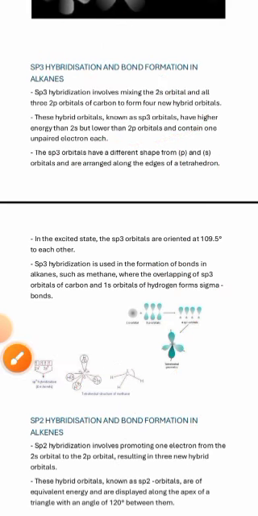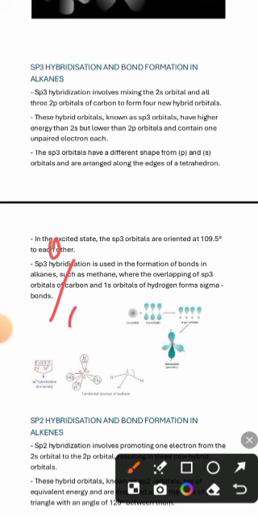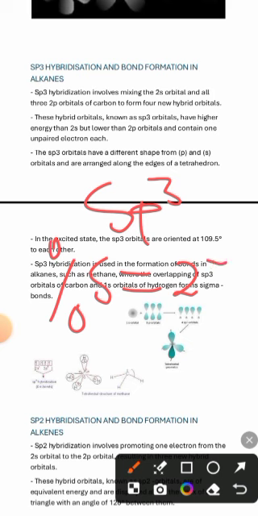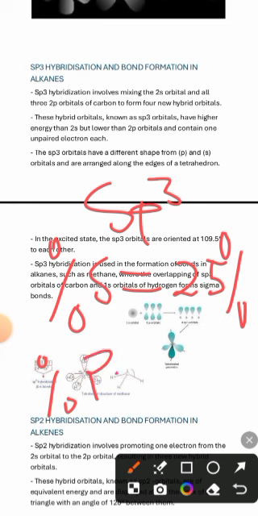Therefore, the percentage S character in sp3 is 25%, and the percentage P character is equal to 75%.